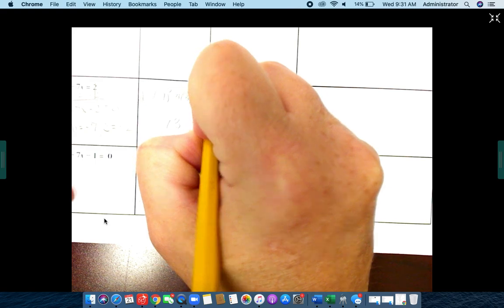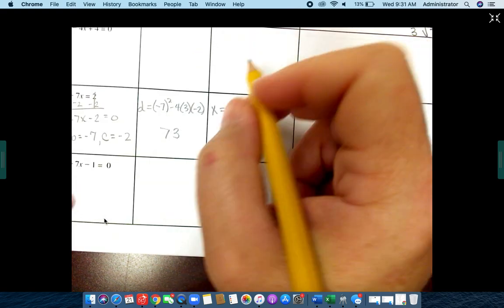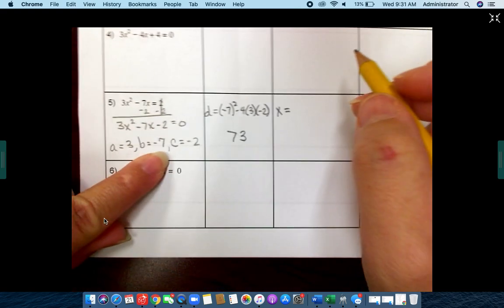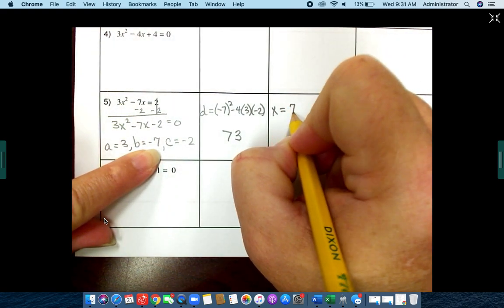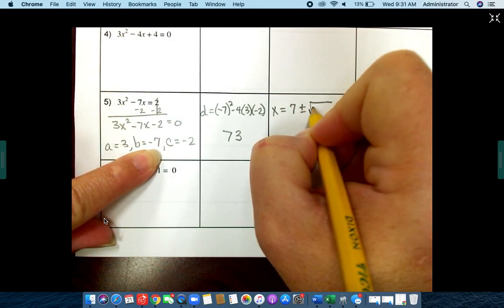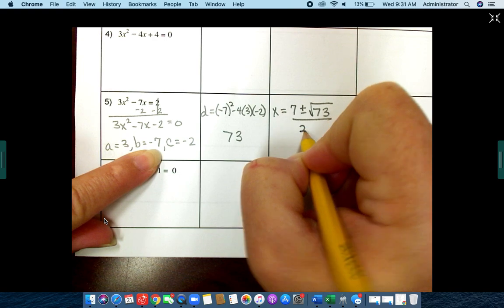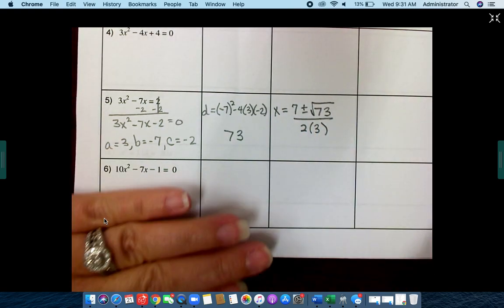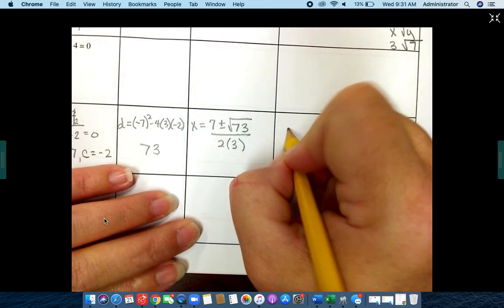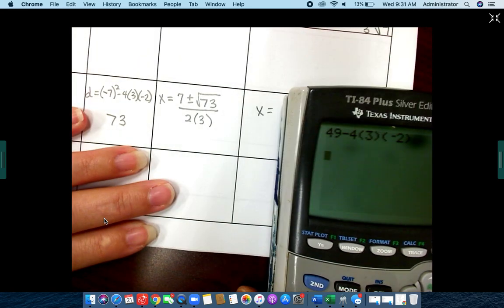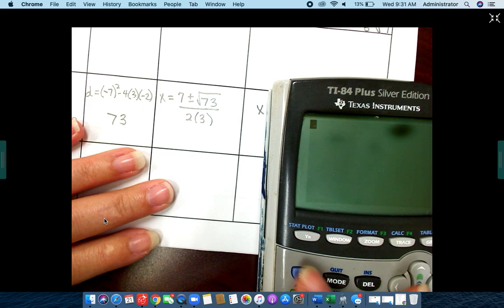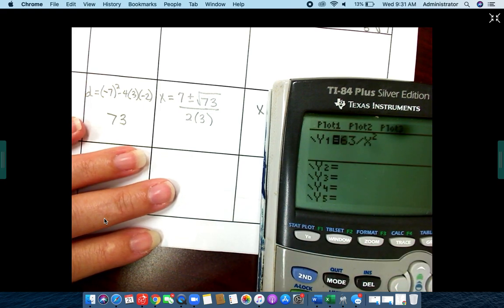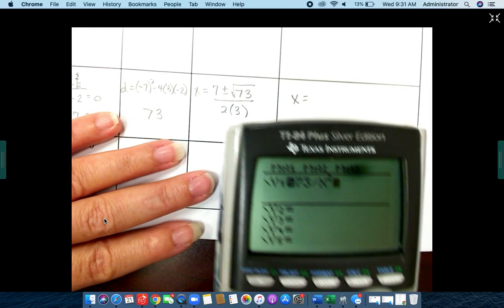So I'm going to now substitute it into my quadratic formula. x equals opposite b plus or minus the square root of the discriminant all over 2 times a, which is 3. So now come over here and simplify. I wonder if 73 can be simplified. So again, y equals 73 divided by x squared.